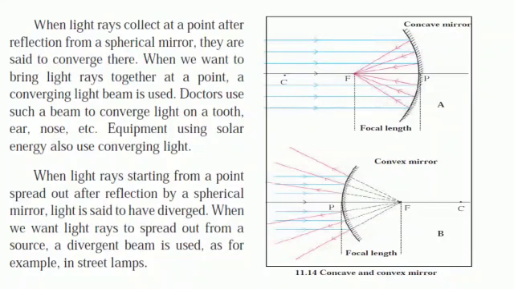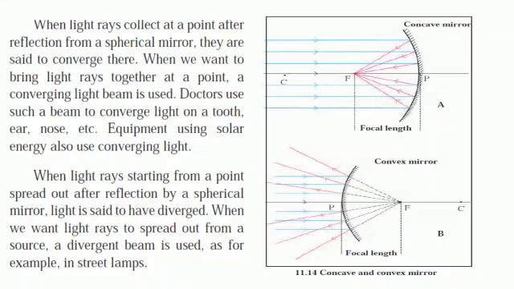After reflecting on the reflecting surface, the inner surface, they come and meet at a point F. Capital F is the focus, the principal focus. So they are converging there. Doctors use such a beam to converge light on a tooth, ear, nose, etc. Equipment using solar energy also can be used for converging light. So converging mirrors are concave mirrors.